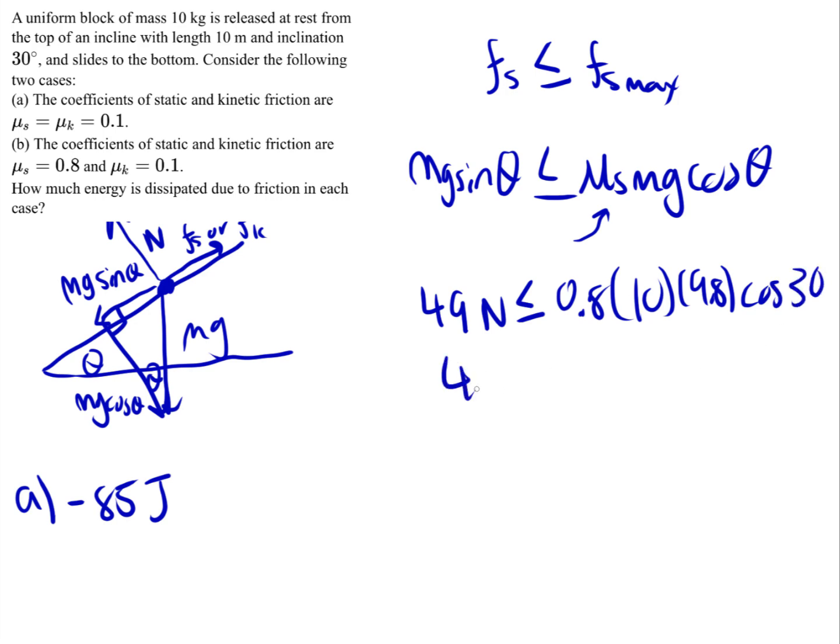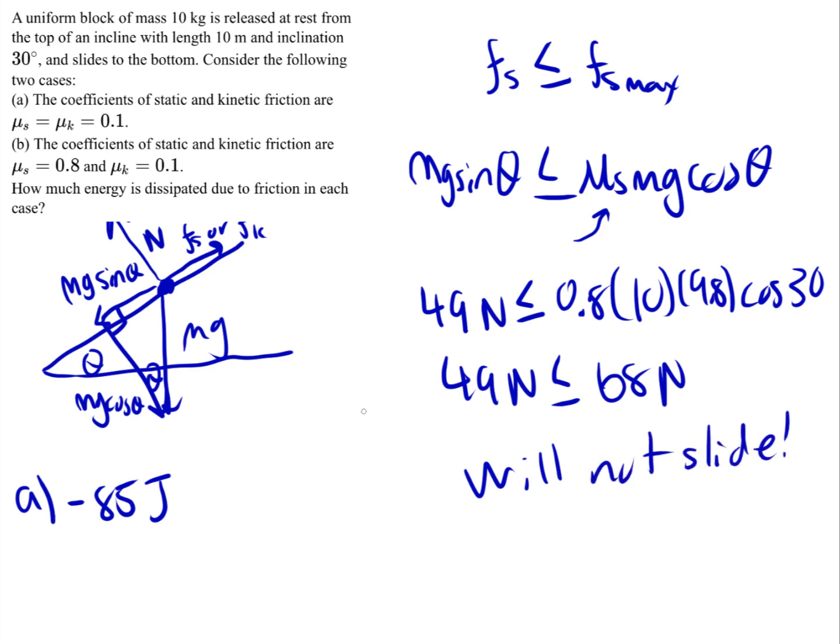So evaluating that, you should get that the maximum possible static frictional force is 68 newtons. So in this case, this equation holds true, and this block will not slide. So in this case, only the static frictional force is acting on it.